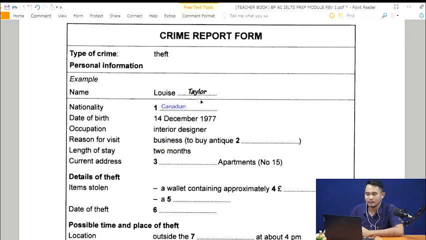That's for number 1. Do you get it correct? If you got it correct, good for you then. Now let's get into number 2. In number 2, the answer is probably furniture or old.